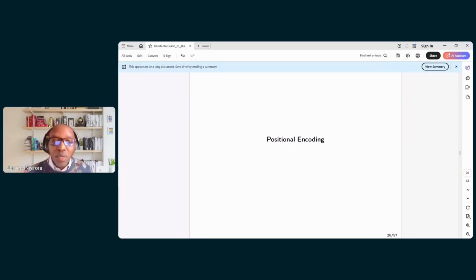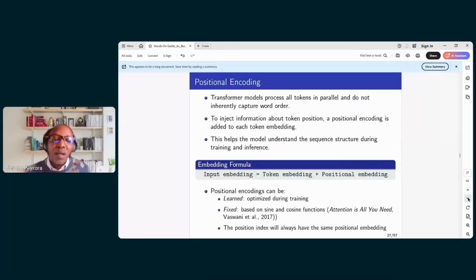So the original "Attention Is All You Need" paper suggested you could do this using some sort of fixed position encoding, a measure of where each word is, so that in a batch of training, the model can see which word comes before which one. In the original paper, they used a sine and cosine function to capture this. It was not a trainable tensor.